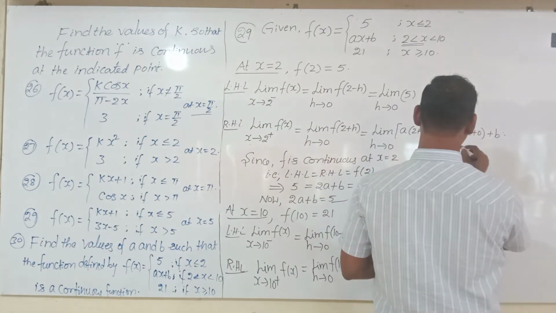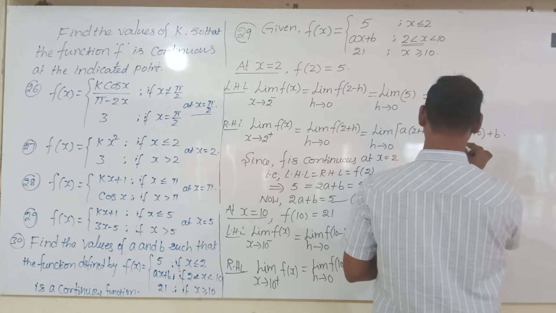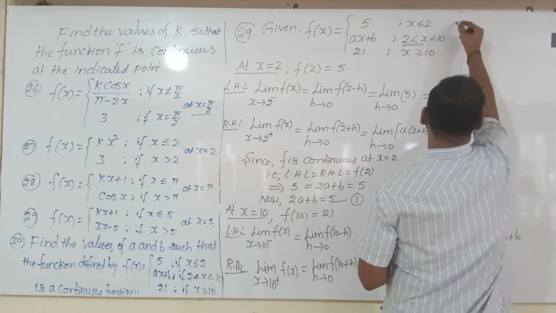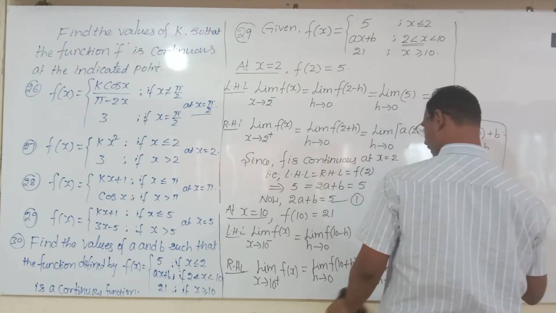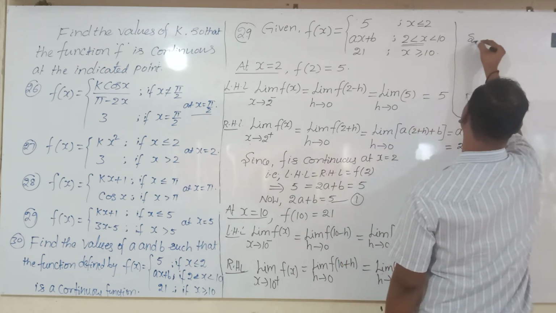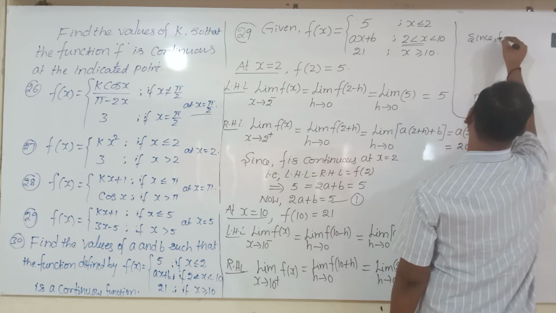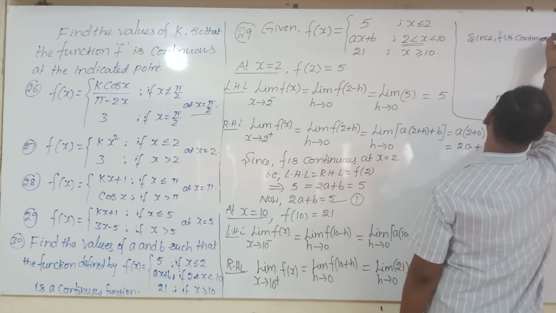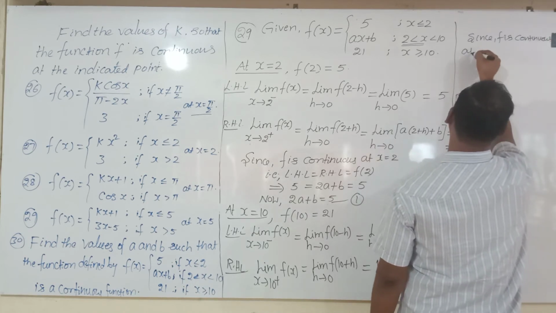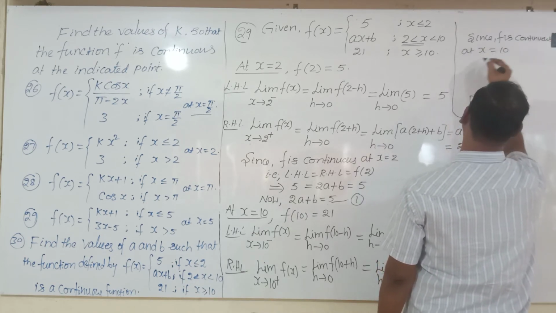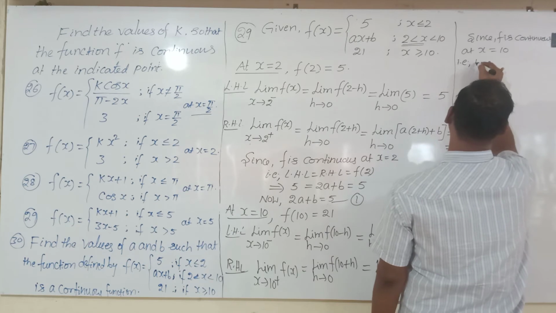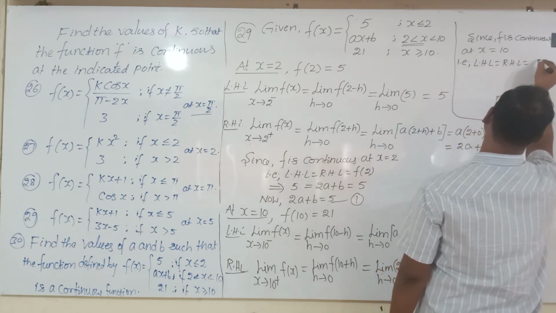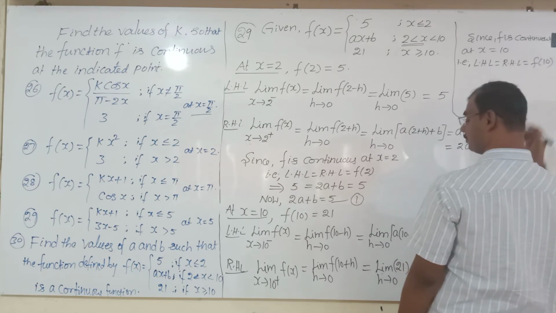Okay, let us say this one. Now I will complete this one here only. Since f is continuous at x equal to 10, LHL is equal to RHL, which is equal to f of 10.